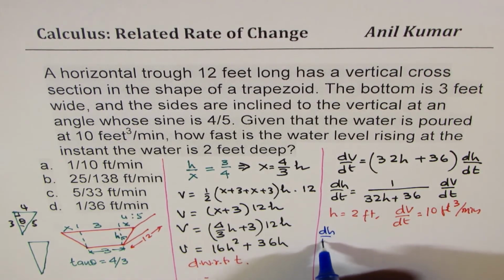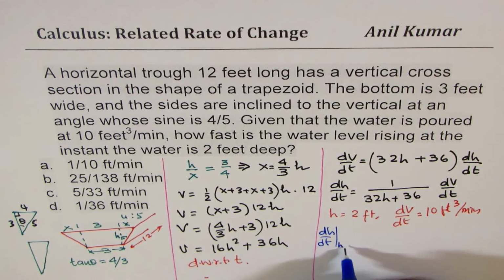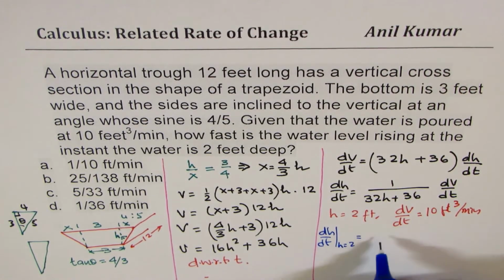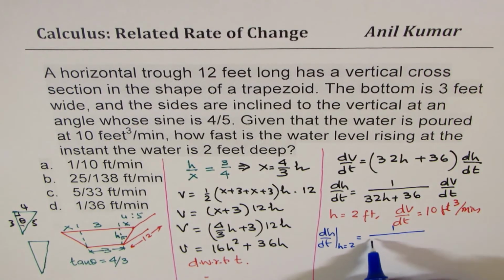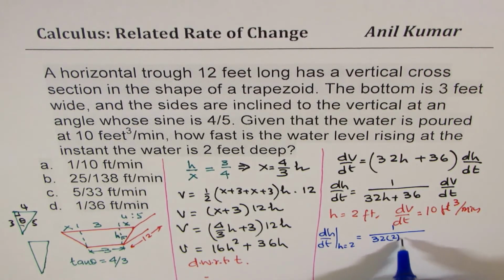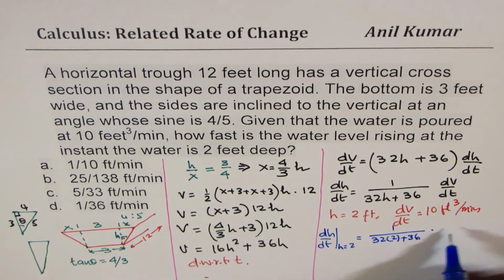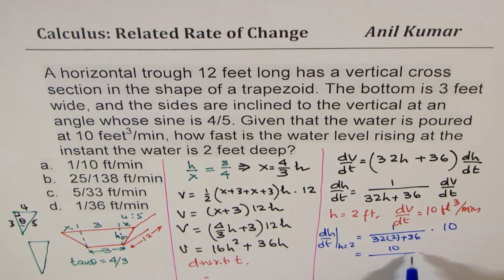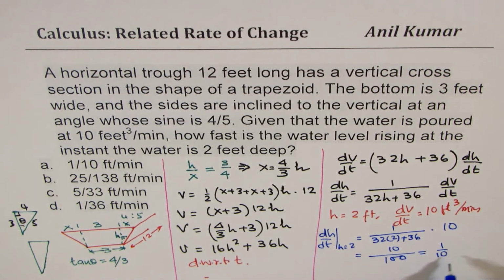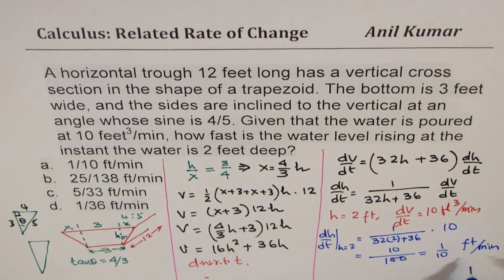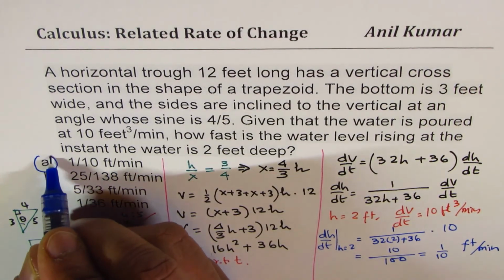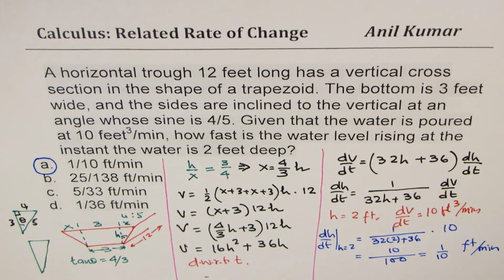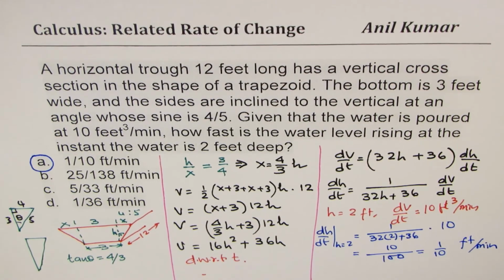So dh/dt when h equals 2 will be equal to 1 over (32 times 2 plus 36) times 10. So that gives us 10 over 100, which is 1 over 10 feet per minute. Perfect. So option A is the right option for us. So that is how it can be solved.